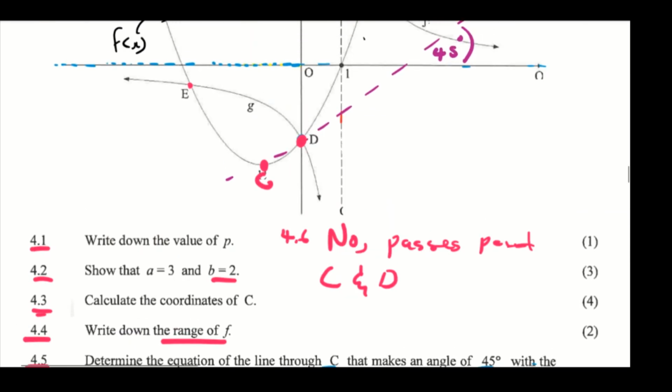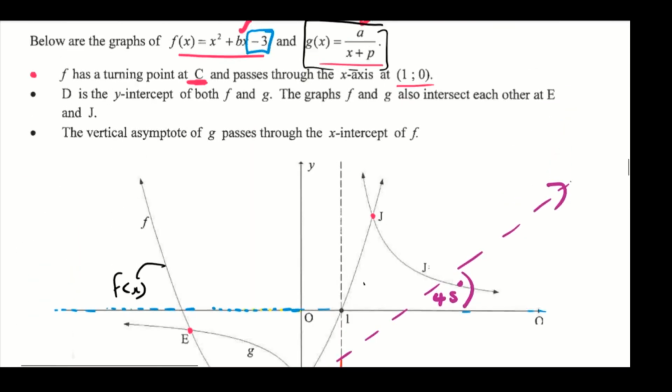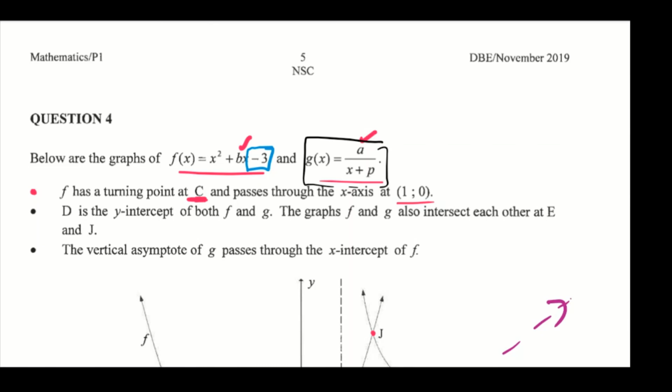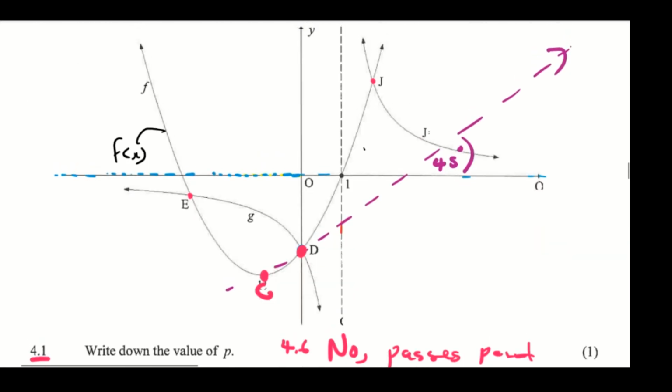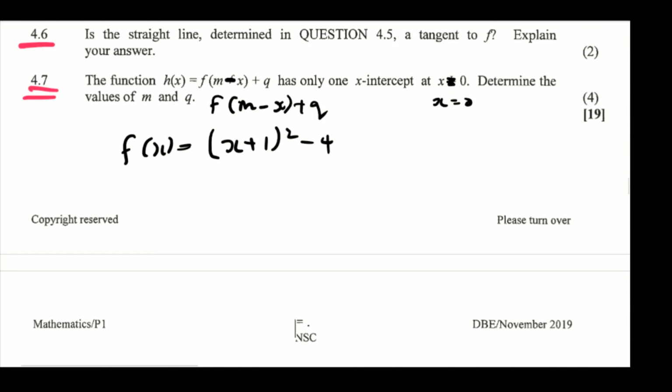Remember, why am I saying that? Remember this equation here, and we knew that our c value is minus 1 and minus 4, right? So this would be the equation of f of x, right? So now we can substitute.